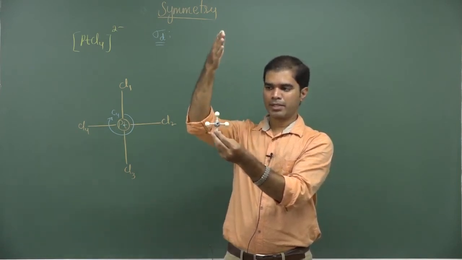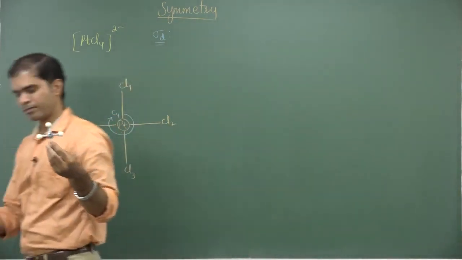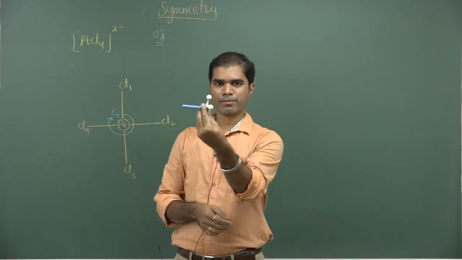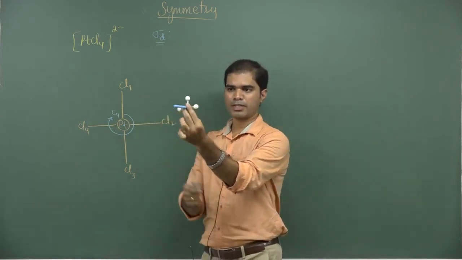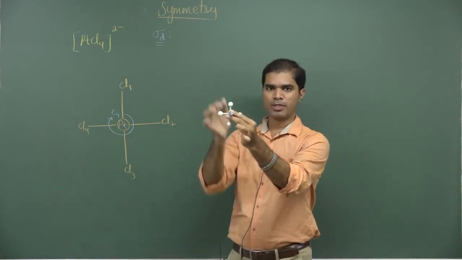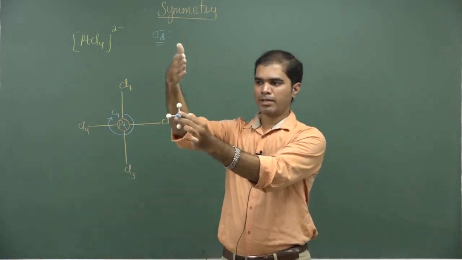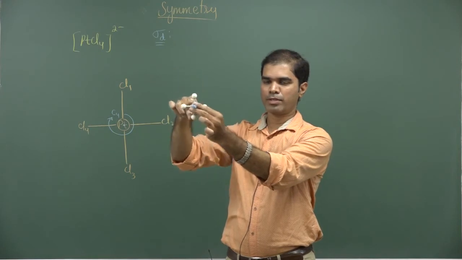Next, I am passing this plane. This is the principal axis pointing towards you. If I am holding it this way, this is the principal axis. If I am passing this plane parallel to this, this plane is passing from 2 chlorines.